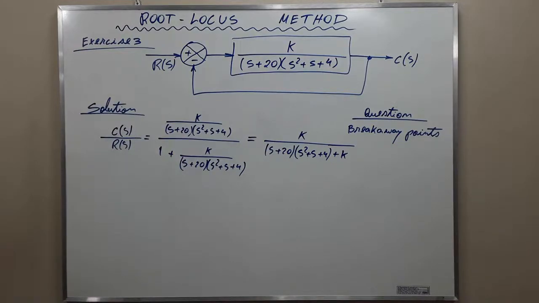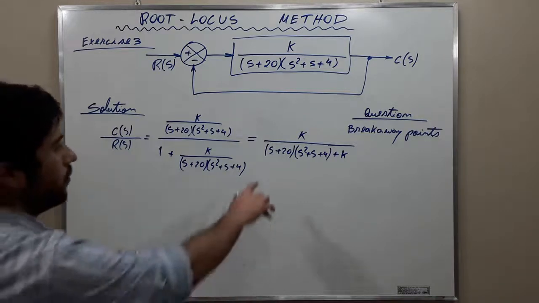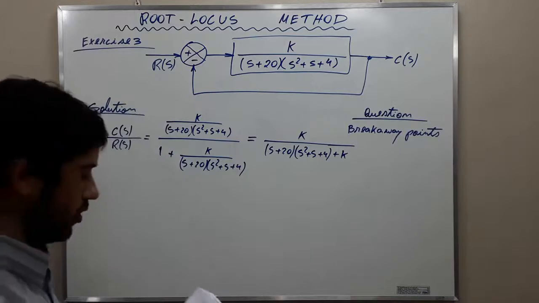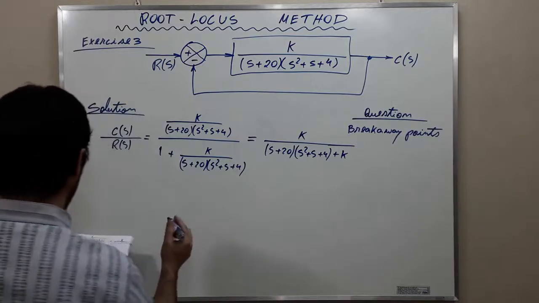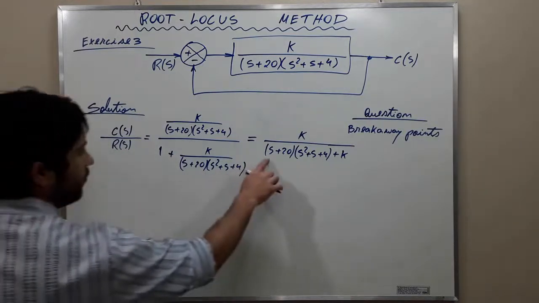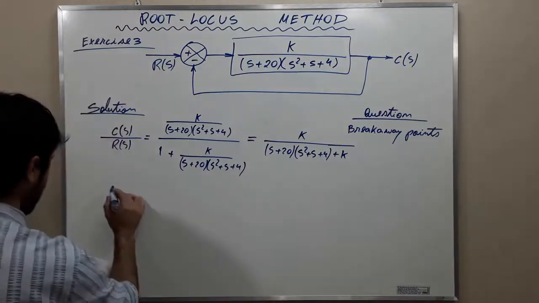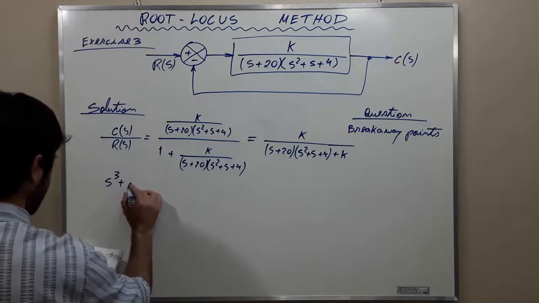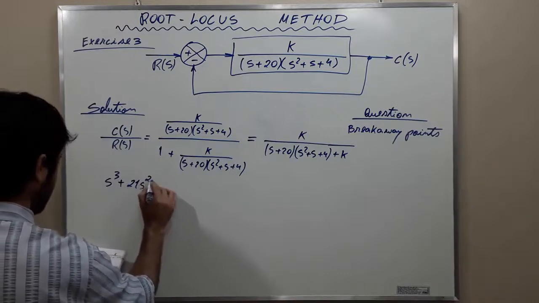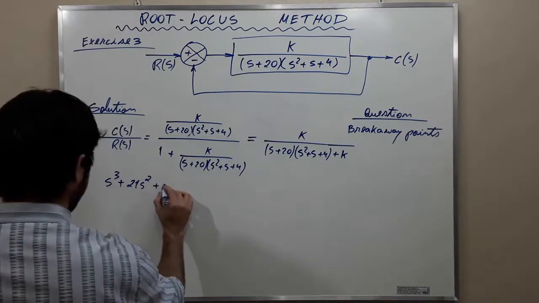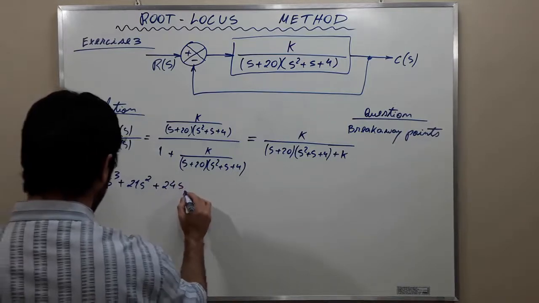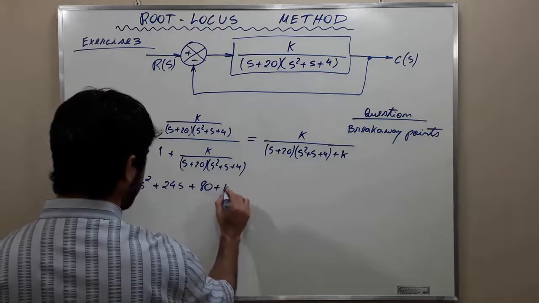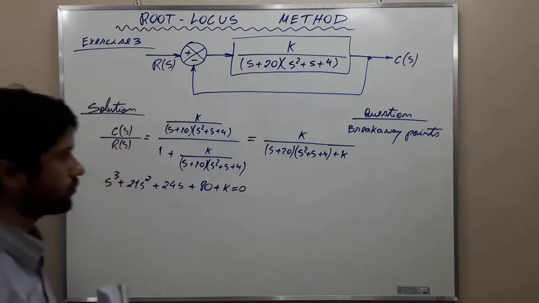The characteristic equation is the denominator of the transfer function equal to 0. If we develop this multiplication, we get S cubed plus 21S squared plus 24S plus 80 plus K equal to 0.